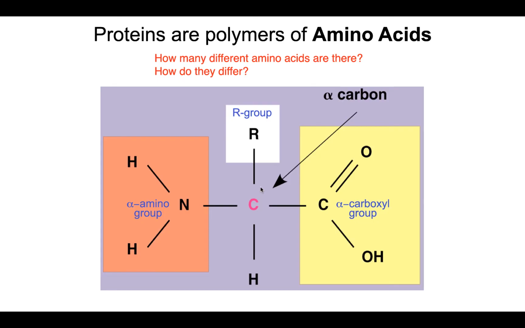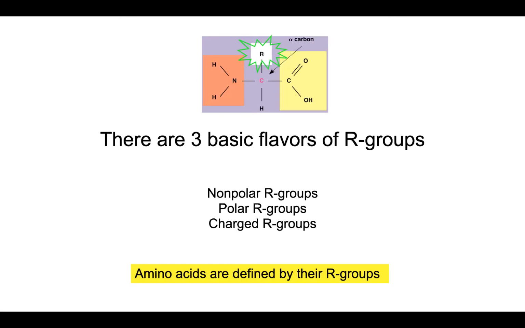So as you can imagine, because every single amino acid has at least one amino group and at least one carboxyl group, those 2 functional groups are going to be really important to understand. We'll talk about them in more detail in a moment, and of course, we've talked about them in great detail in your functional group lecture.